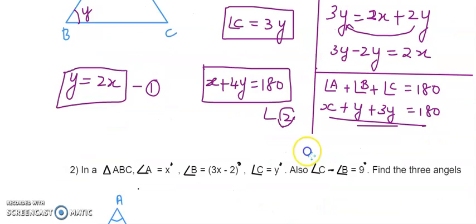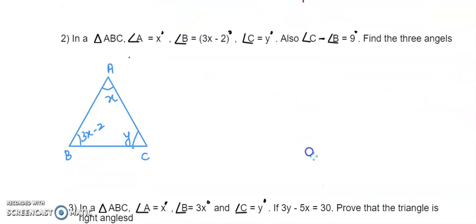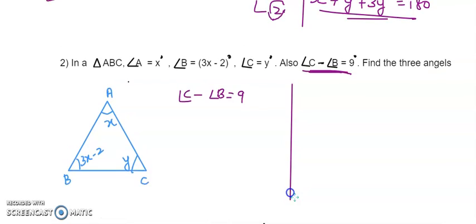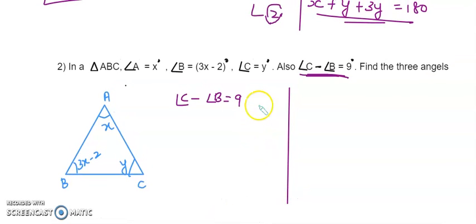Let's go into the next. Here they have already given the values of A, B, C. They're saying A is X, B is 3X minus 2, C is Y. And they have given some equation here. Let's talk about the equation first, and then the second equation we'll get by angle sum property. The first equation they are saying is angle C minus angle B equals 9 degrees. What is my angle C as per the question?